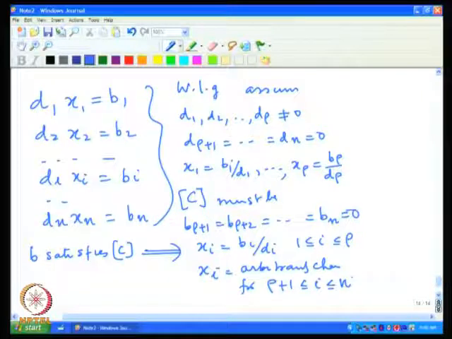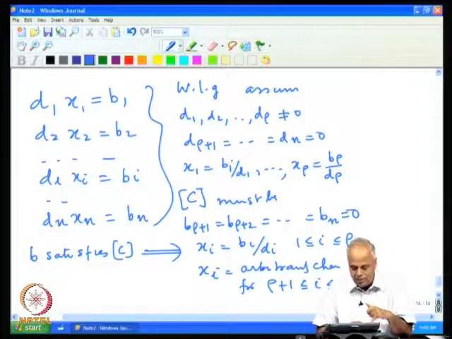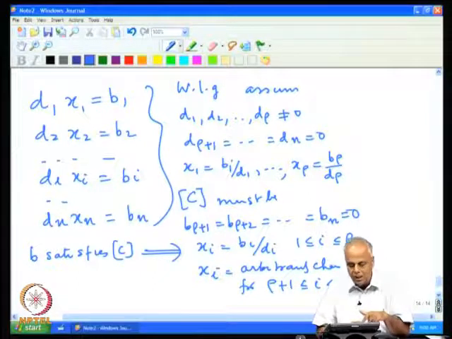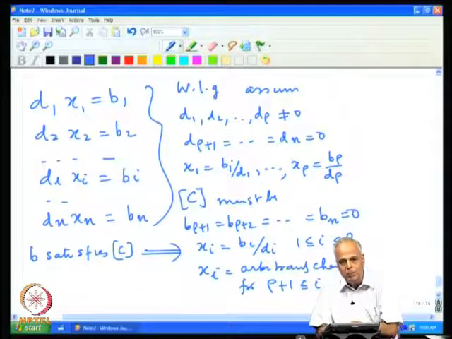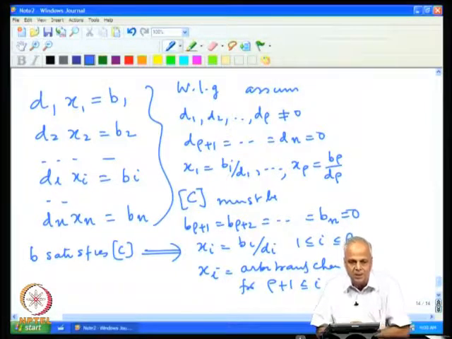So now remember, the first question we asked was, what is the consistency condition, or what are the conditions under which the system has a solution. For that, now we have an answer. The conditions are, whenever d rho plus 1 to dn are 0, the corresponding b rho plus 1 to bn must be 0. That is the consistency condition.